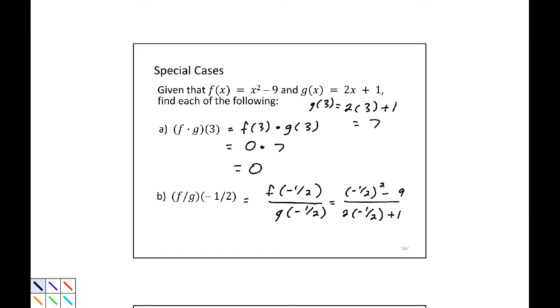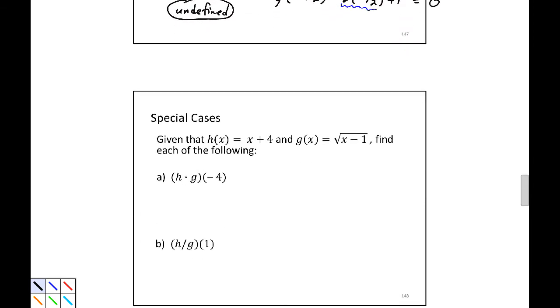Now, I'm going to evaluate the denominator first, because this is negative 1 plus 1, which is 0. The denominator cannot be 0, so as long as the numerator is not 0, in fact, even if the numerator is 0 as well, this is going to be undefined. So f divided by g of negative 1/2 is undefined. That's why this is a special case.